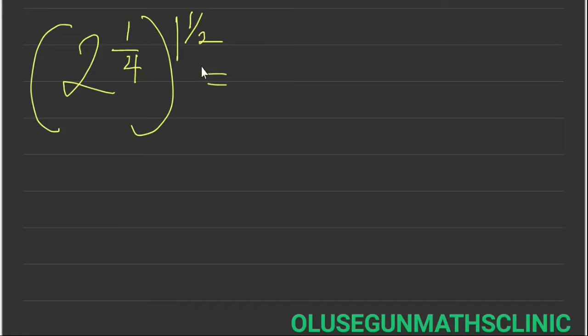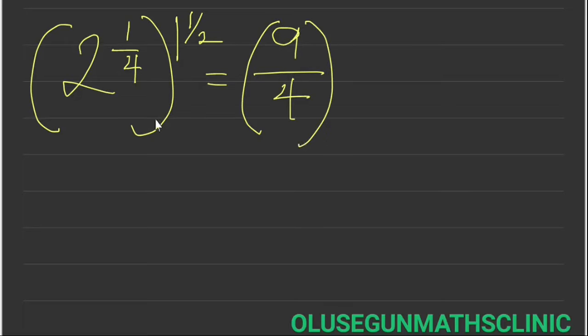So the first thing you do, you turn it to an improper fraction, which is 4 times 2, it gives us 8. 8 plus 1 gives us 9/4. For the 1 whole number 1/2, 2 times 1 is 2, plus 1, it gives us 3/2. So what do you do here? You know that it is 2 that comes down in the denominator.